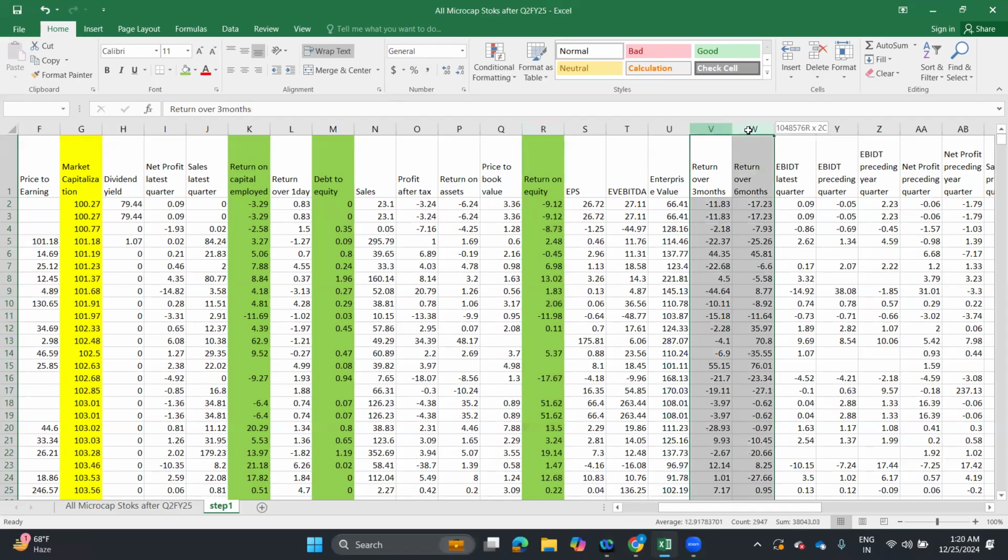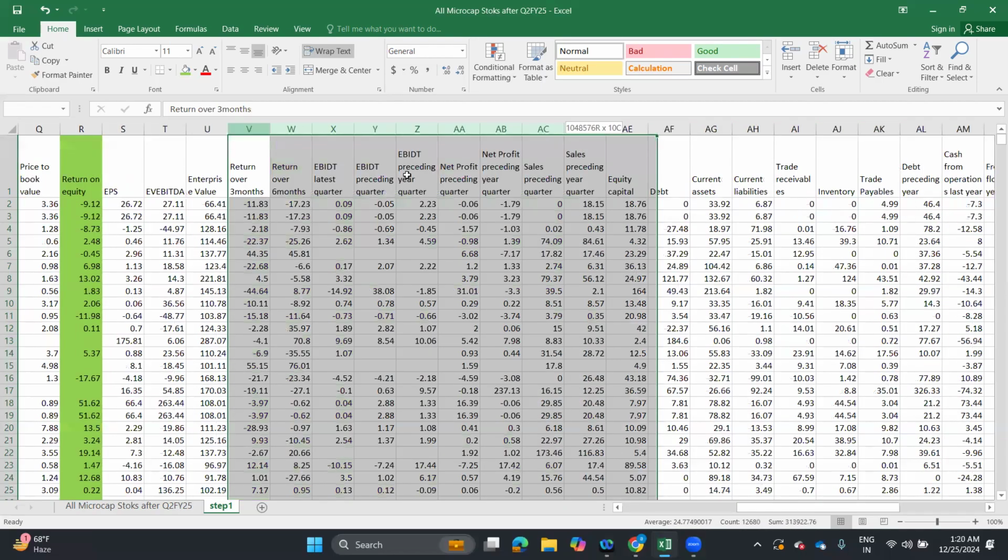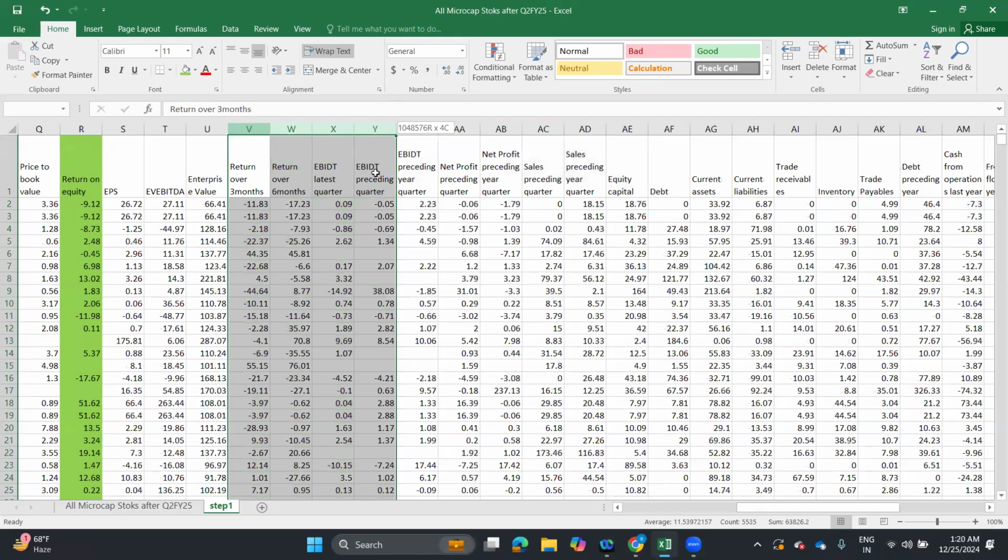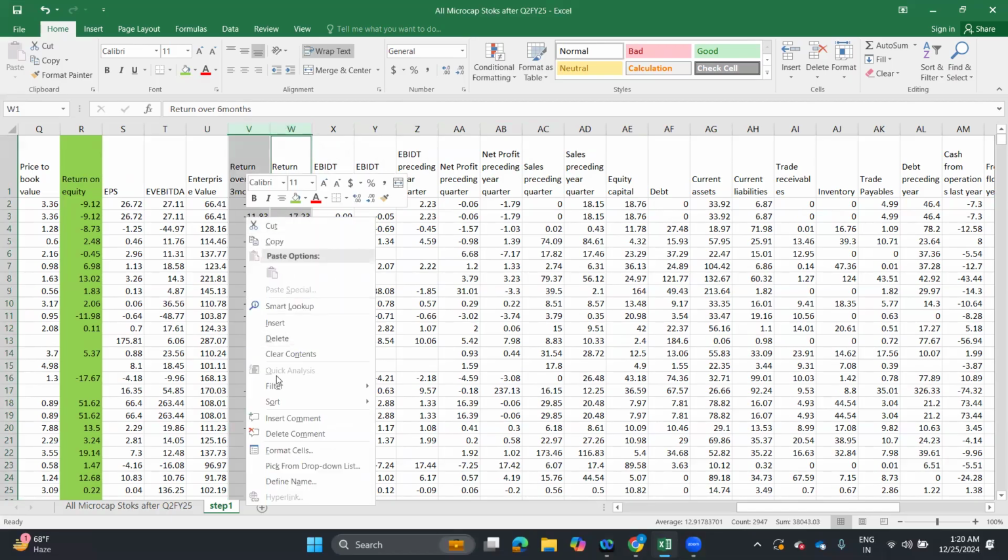So these are the columns I'm hiding because these are price movement columns, return over 3 months and return over 6 months. So let me hide these columns.